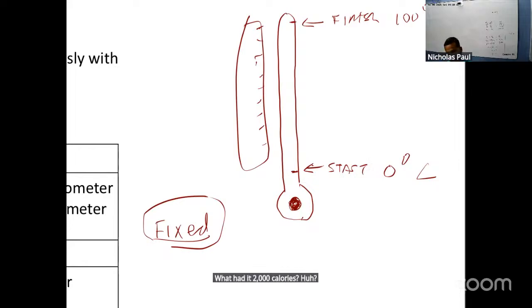Just write 3 steps. Find this, find that, and then do something. Three easy steps.